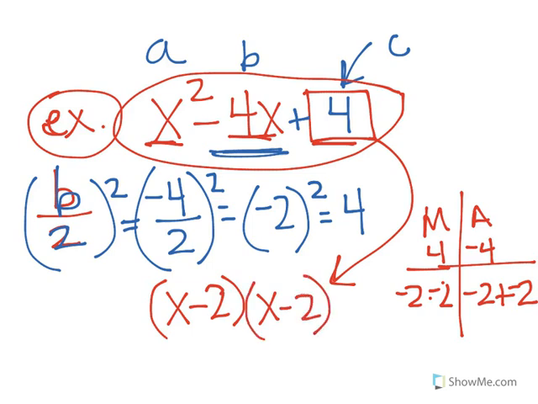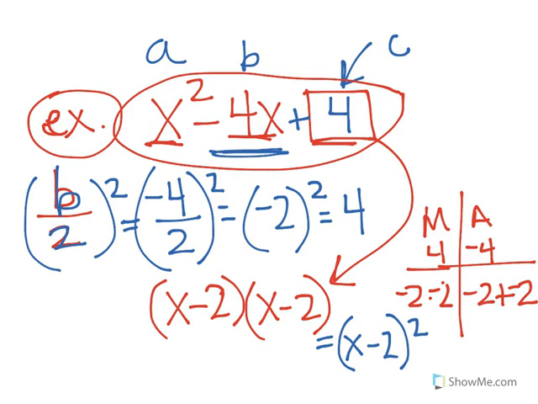The whole point of this is to make you want to create a trinomial. Okay, so you're going to create a trinomial that gives you two of the same factors, because you can write this out as x minus 2 squared, because you want it to be something squared. You have to have the parentheses.